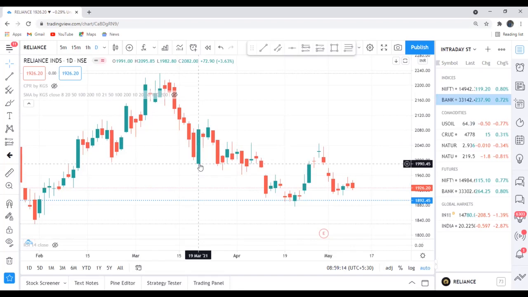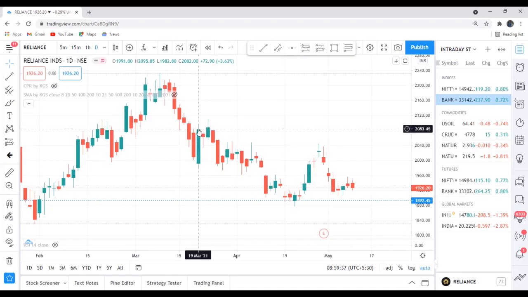See here, the market opened at 1991 and came lower, made a low of 1982, and went higher up to 2095.85, and again came lower and closed here.